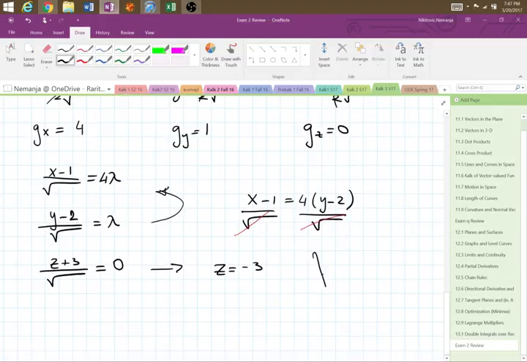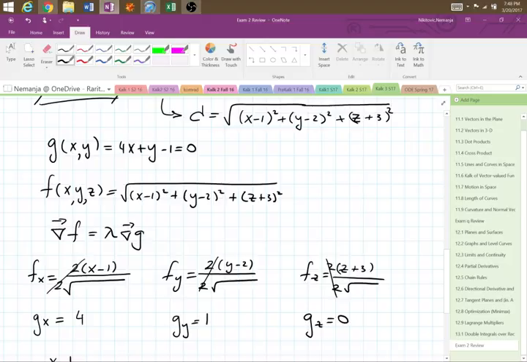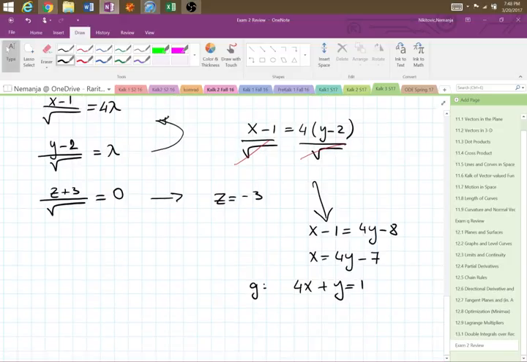So now from here, I have that x minus 1 is equal to 4y minus 8. So x is equal to 4y minus 7. And I also have the g equation. Let's not forget that, which is 4x plus y equals 1. So that's the g equation. It's set up for substitution, so just plug in.